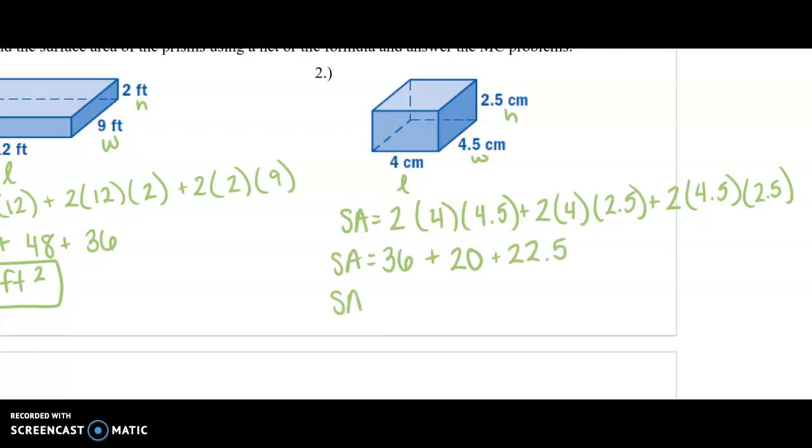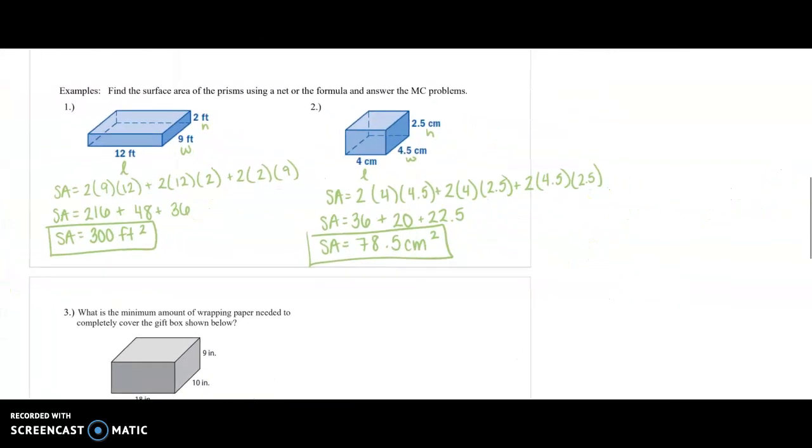And add all of those up. So you're going to have 36 plus 22.5 plus 20, and we're going to get 78.5 centimeters squared for our surface area.